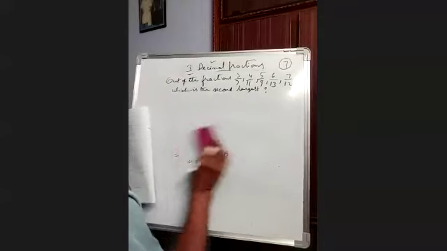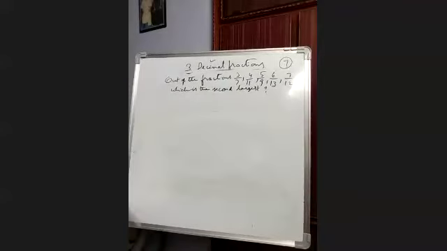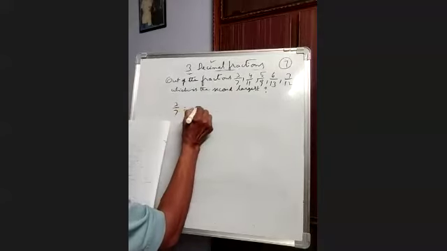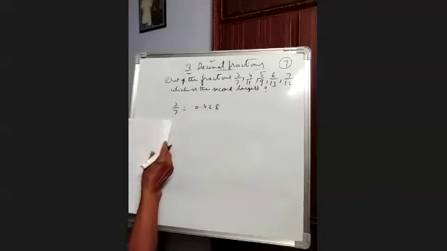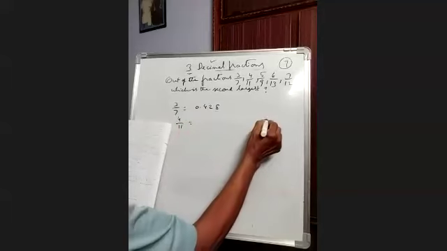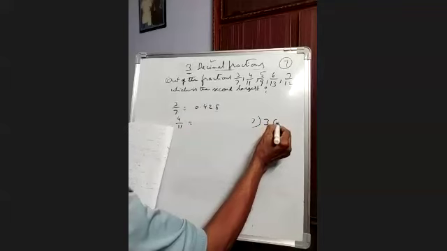It is better to convert these fractions into decimal fractions. That will be easier without doing LCM and all that. 3 by 7 will be 0.428. You try yourself. 4 by 11 will be division only.